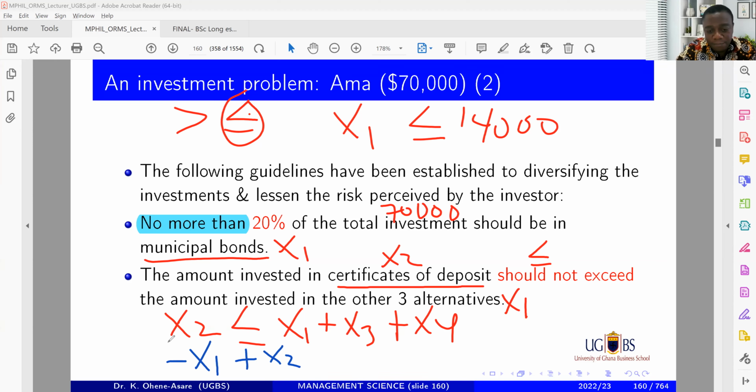Then we'll cross the X3 to the other side, so it will become negative. So minus X3. And then the X4 will also cross to the other side, so it will become negative. So minus X4. I'm arranging it in order, so that is why we have X1, X2, X3, X4. Then less than or equal to 0. Okay, perfect. Beautiful.